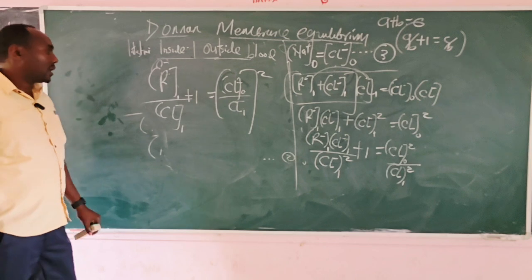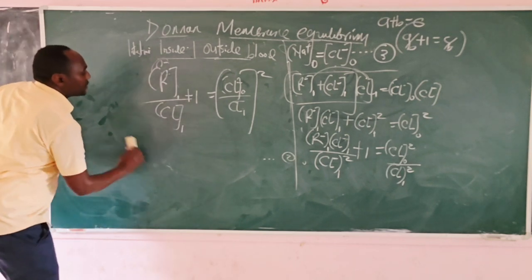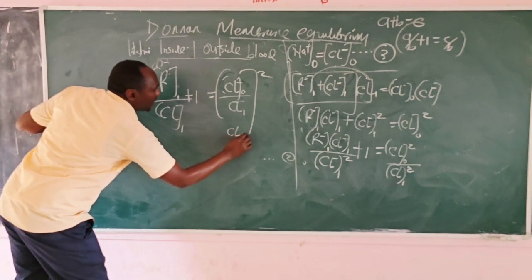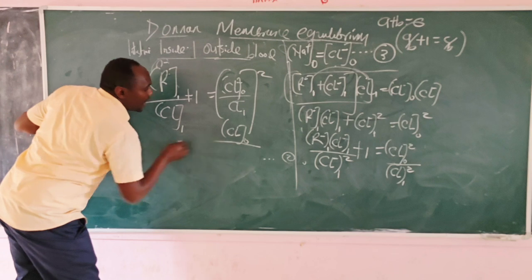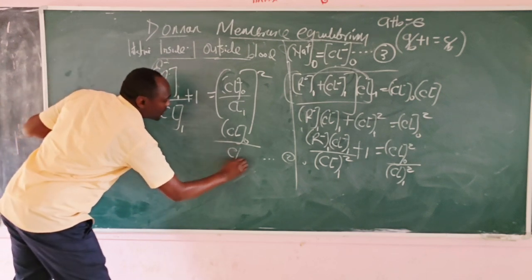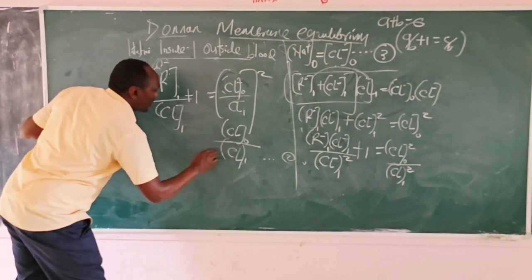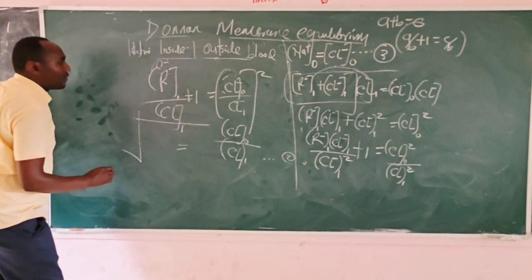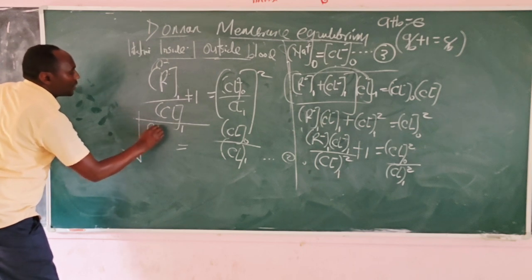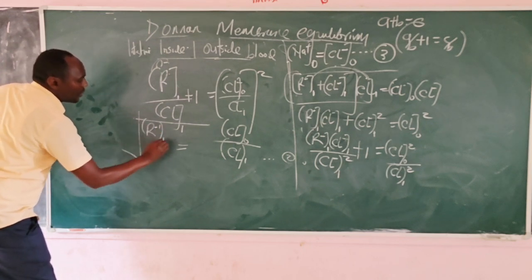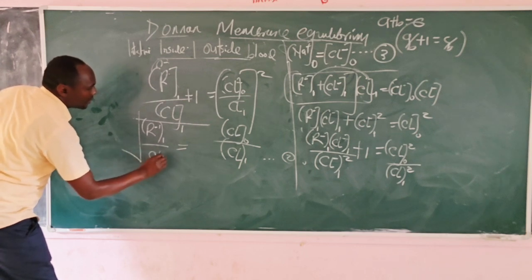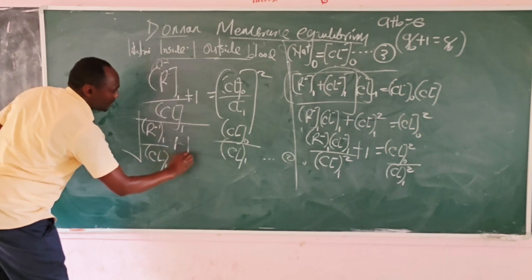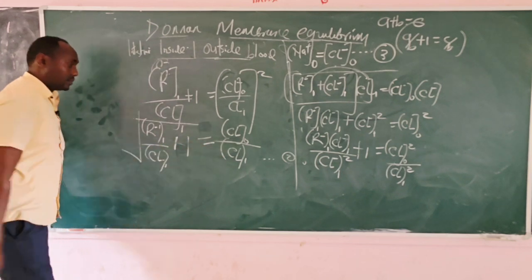Then what we are going to come up with is that the concentration of chloride outside over concentration of chloride inside will be equivalent to the square root of R over chloride inside plus 1.